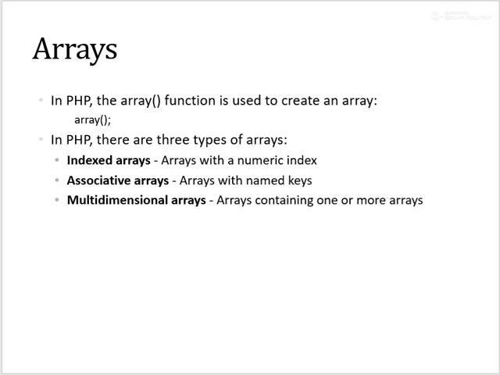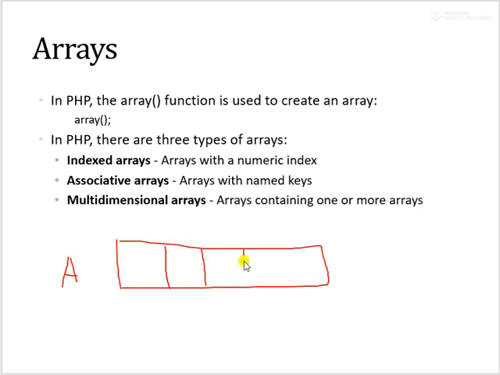What does an index mean? Like if this is an array, I call it array A, and the size of the array is 5. So this is the index, starting from 0, 1, 2, 3, 4. This is called the index, and here we can have a value.